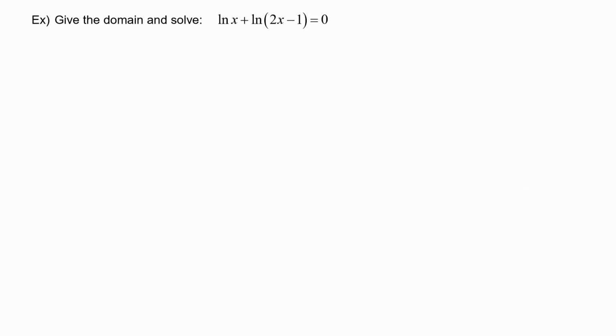In this example, we have to give the domain and solve the natural log of x plus the natural log of the quantity 2x minus 1 is equal to 0. Now, in considering the domain, we have to look at both of those log functions.